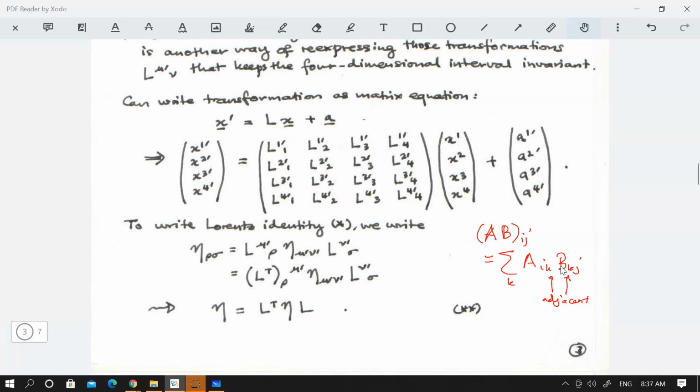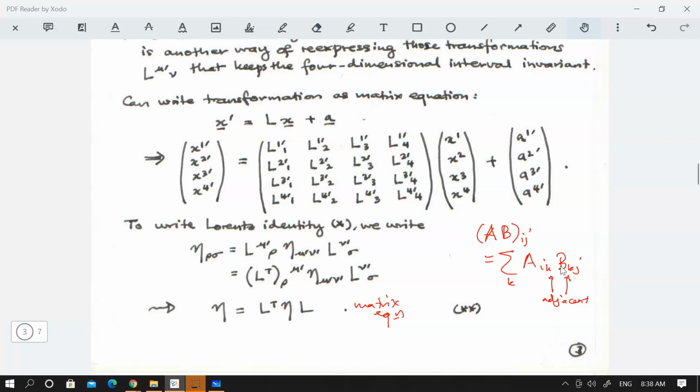When you transpose it, your column index is replaced by your row index, and your row index is replaced by your column index. So this will now be, as a matrix, a transpose. In other words, as a matrix equation, your matrix eta must equal L transpose times matrix eta times L.